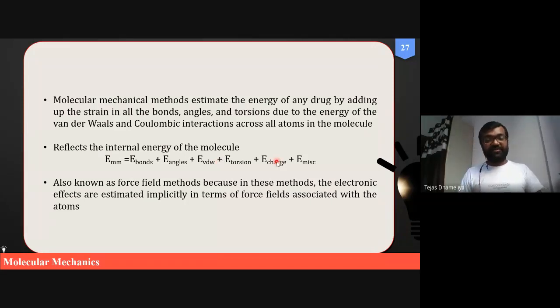Energies of the charge, maybe Coulombic interactions, which are directly proportional to the charges and inversely proportional to the distance between the charges. So that is also a kind of energy, and some other miscellaneous kinds.